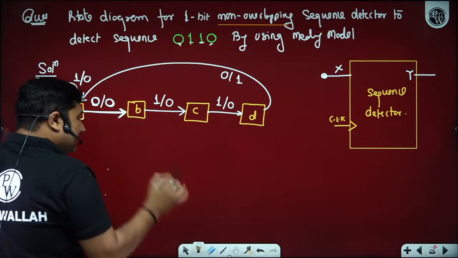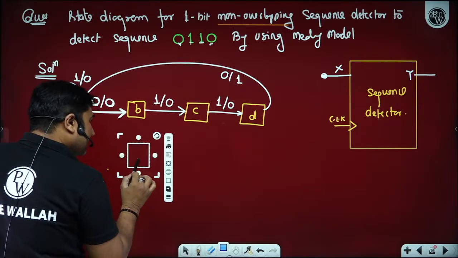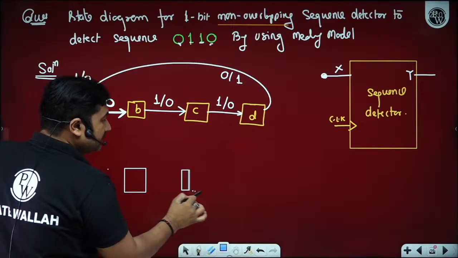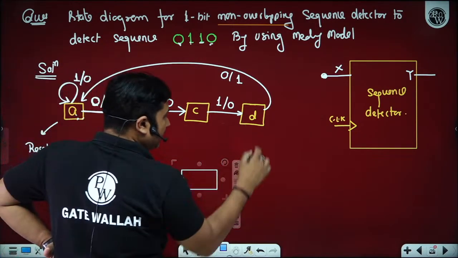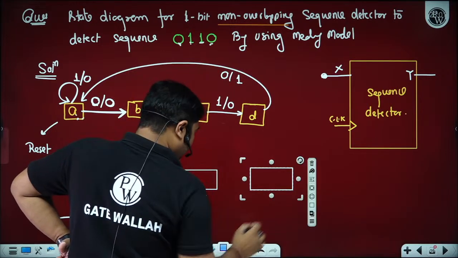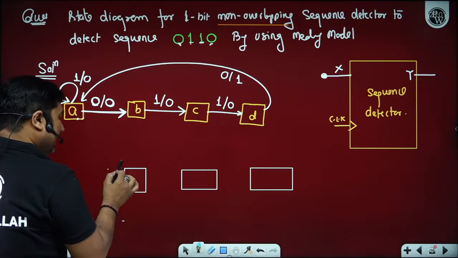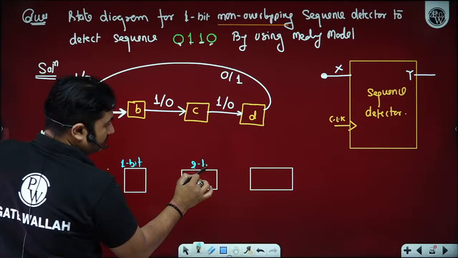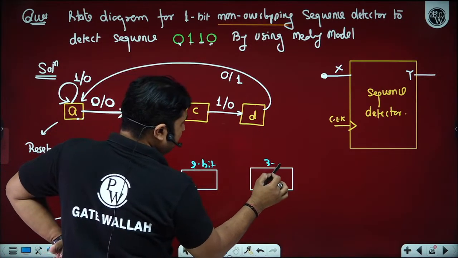If you are at state B, it means one bit is already detected. If you are on state C, it means 2 bits are already detected. If you are on state D, it means 3 bits are already detected. So I am calling state B a 1 bit state, state C a 2 bit state, and state D a 3 bit state.